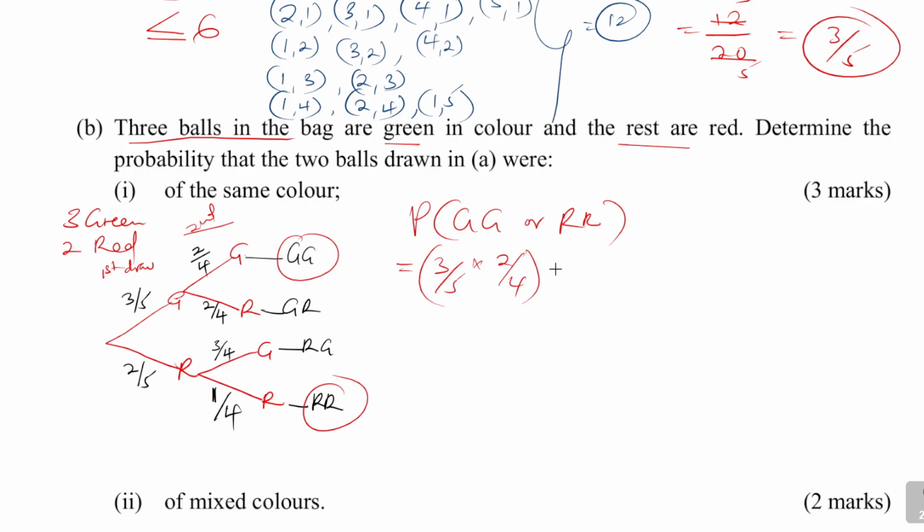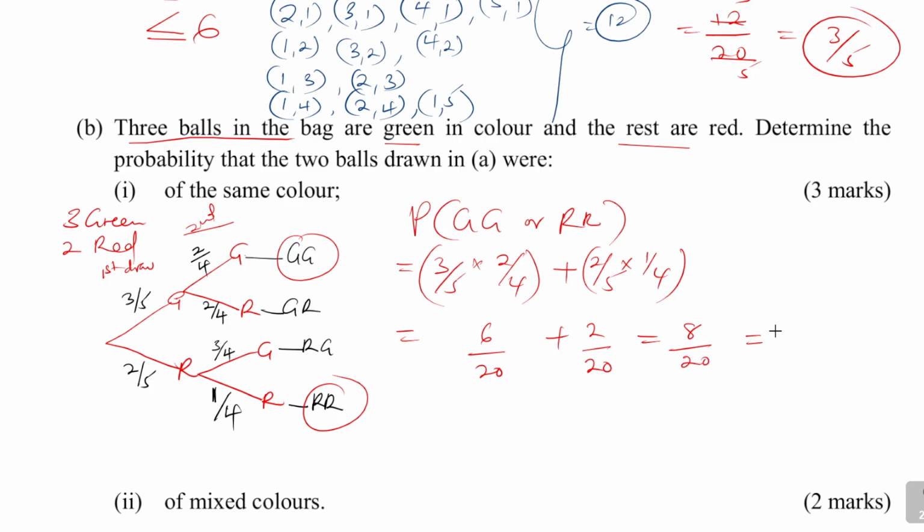Then, or I mean, you're going to add these, red, red, and that is 2/5 times 1/4. Simple as that. And this gives 6 divided by 20 plus this will give 2 divided by 20. And this gives 8 divided by 20.